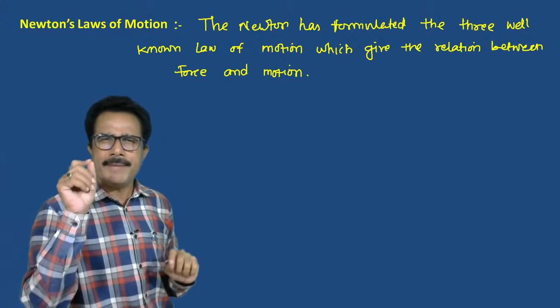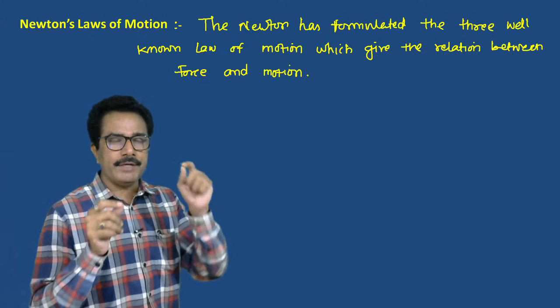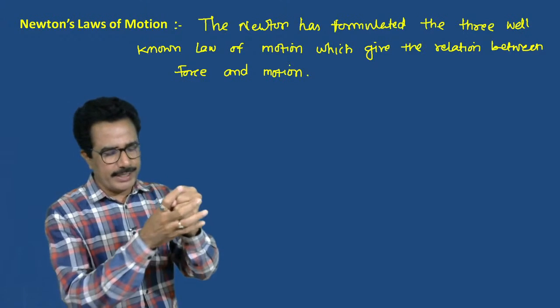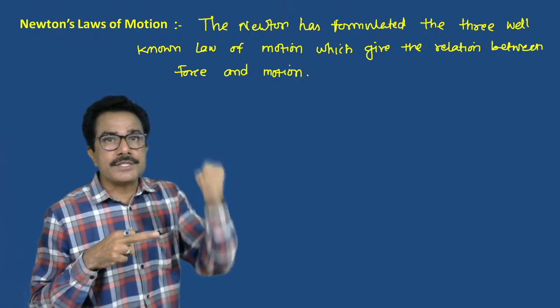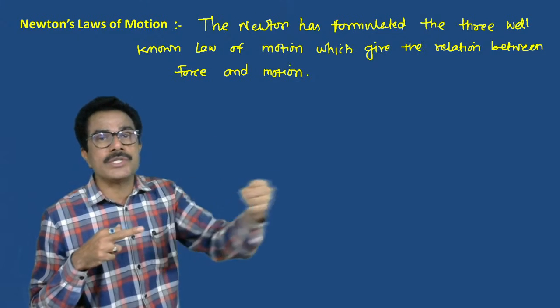Now see this, the main concept is that there is a relation between force and motion. Suppose this is a rigid body. If we exert some force on that rigid body, then this rigid body will come into motion.